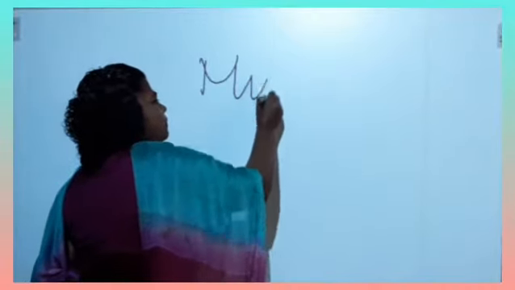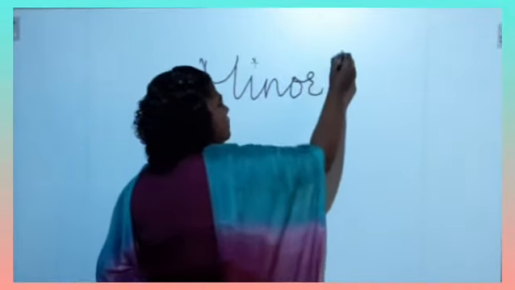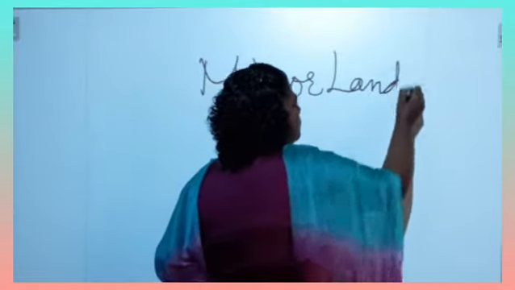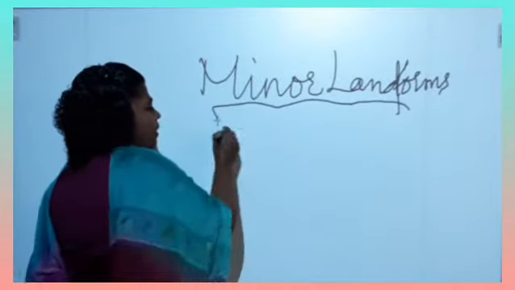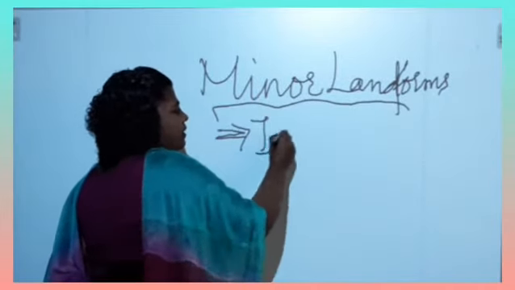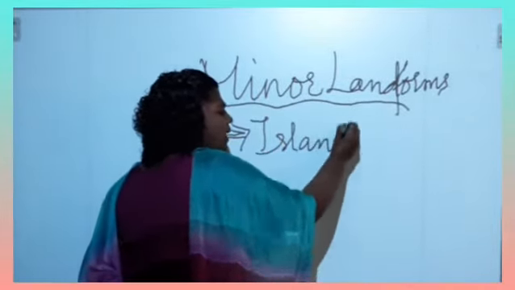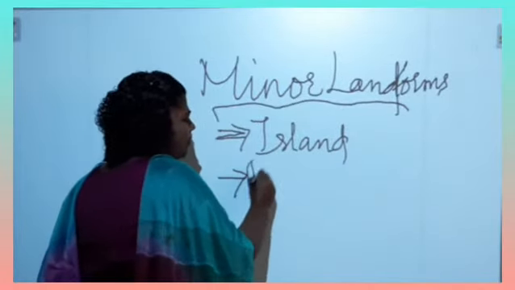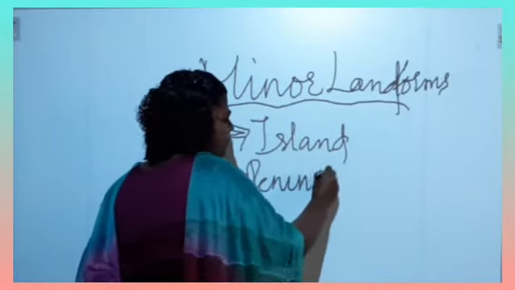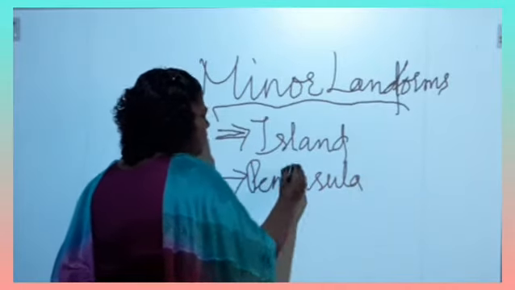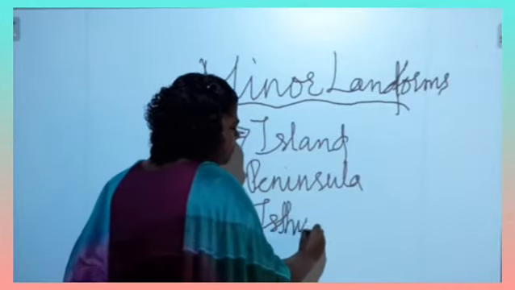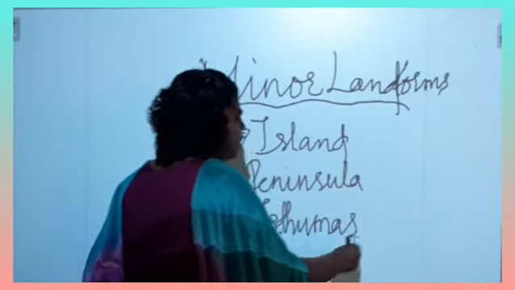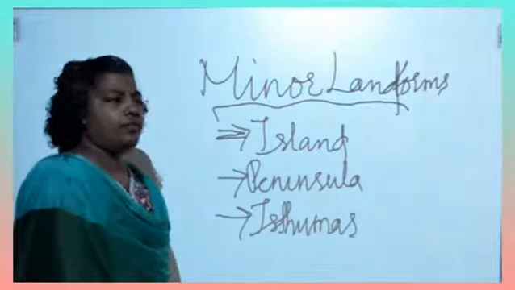Already we have seen the minor landforms are: the first one is island, the next one is peninsula, and the third one is isthmus. These are three important minor landforms.